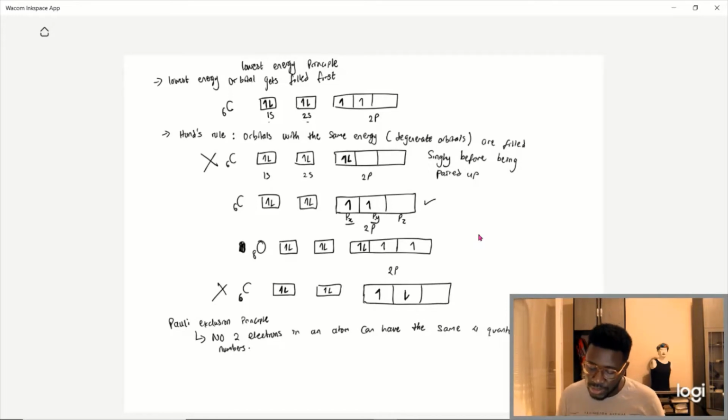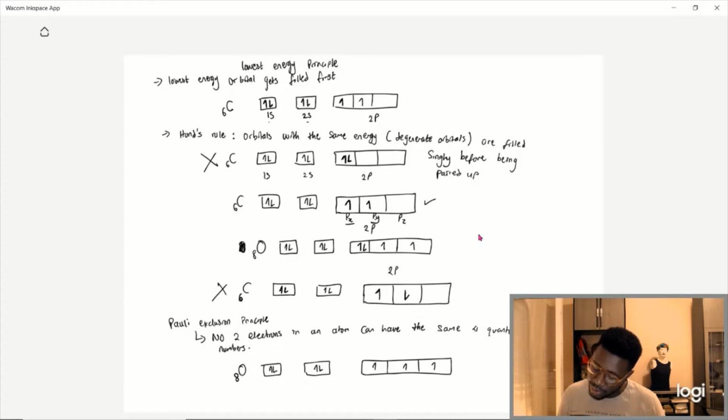So what does that mean? It means that if you have, let's use oxygen. Oxygen has 8 electrons. You have your 2 here, you have your 2 here, and then you have this.